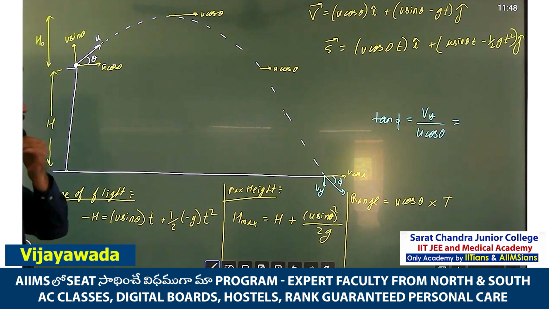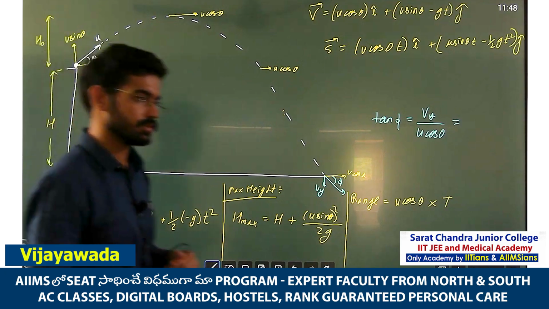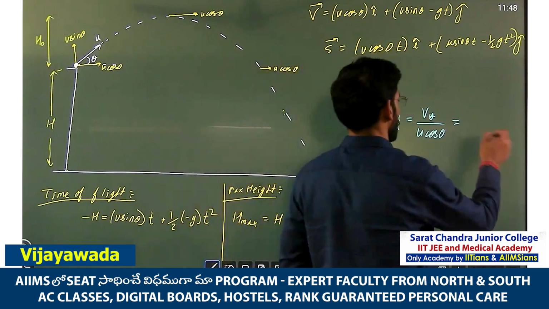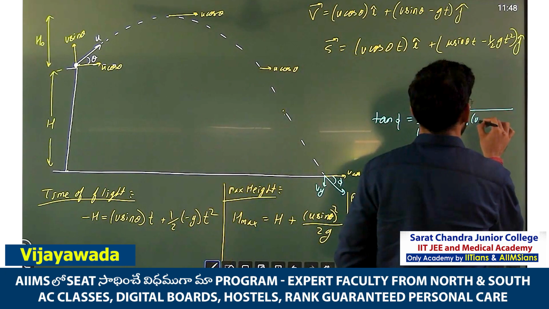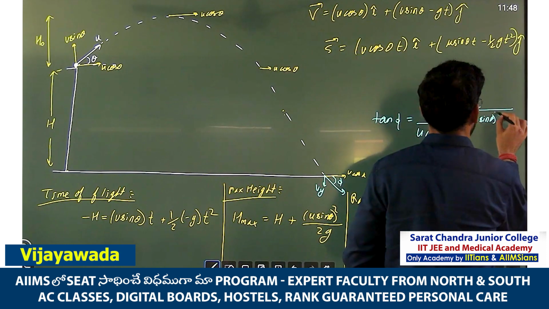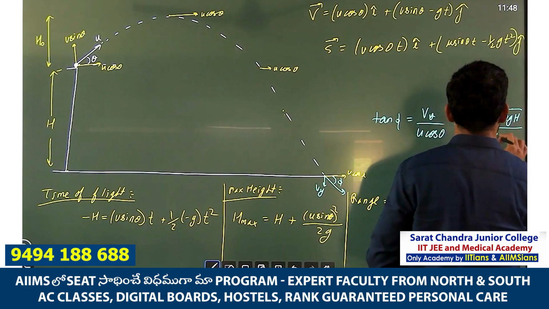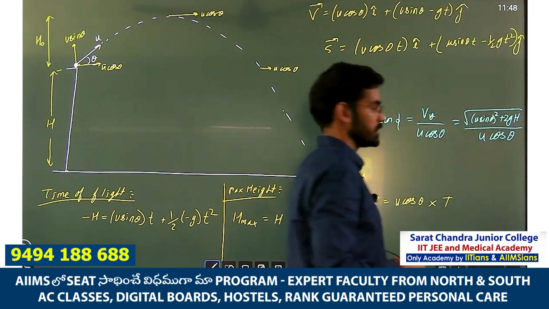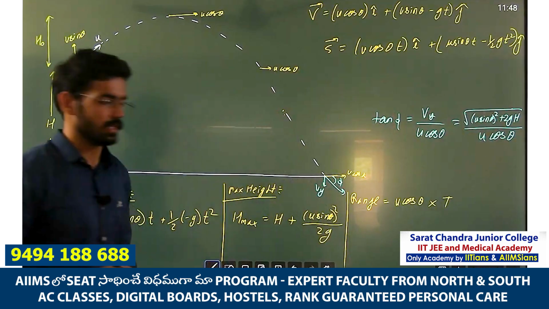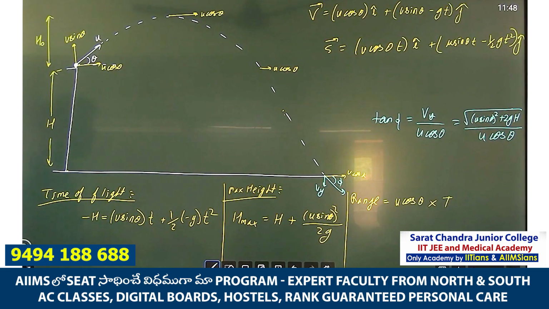Which equation? V square equals u square plus 2as. So what will come is under root of (u sin theta) whole square plus 2gh, divided by u cos theta. That's how you can calculate the angle with which it will hit the ground.